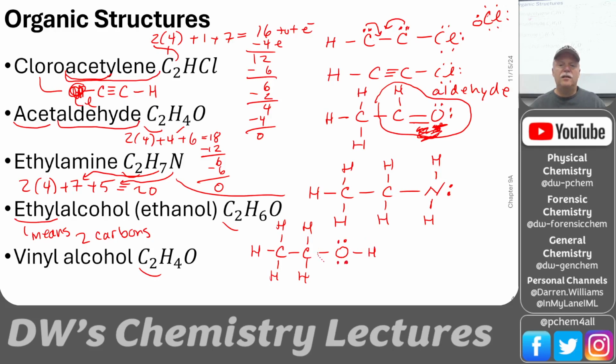So this kind of looks like water, right? But on this side, we've taken off a hydrogen and put this organic piece on there, and so we've made an alcohol. So all of the alcohols have this OH piece. So this piece right here, when it's hooked to an organic molecule, is called an alcohol. And this piece right here, I didn't label it, is the amine.